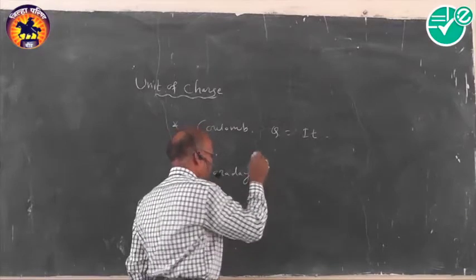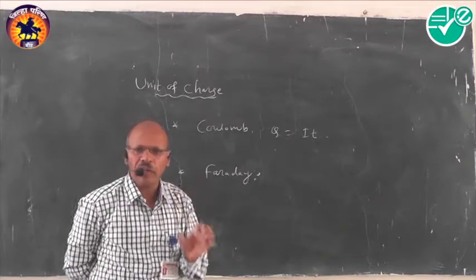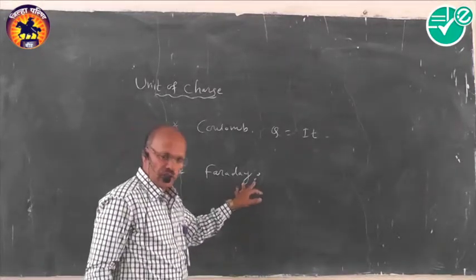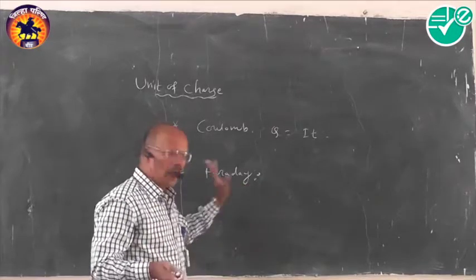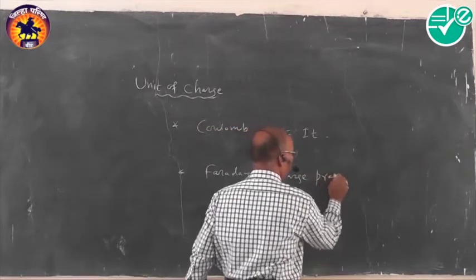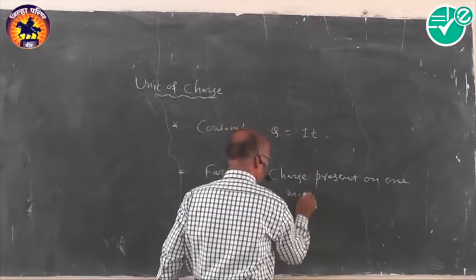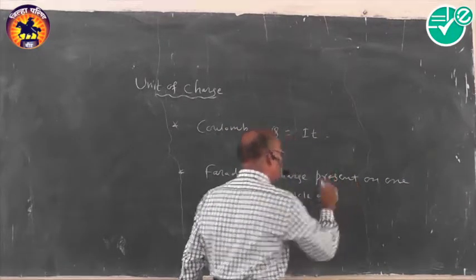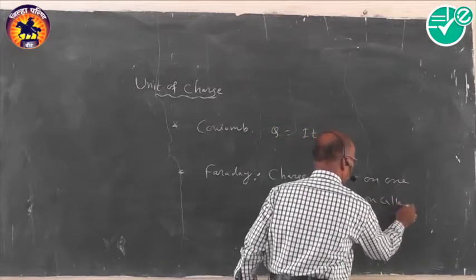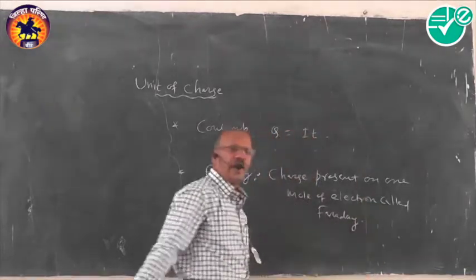Now the Faraday, a very important unit from the MCQ point of view. What is the Faraday? The Faraday is the bigger unit of charge, or larger unit of charge. It can be defined as the charge present on 1 mole of electrons. What is a Faraday?